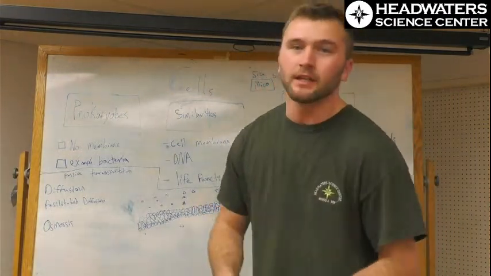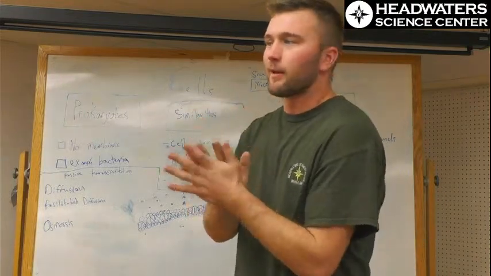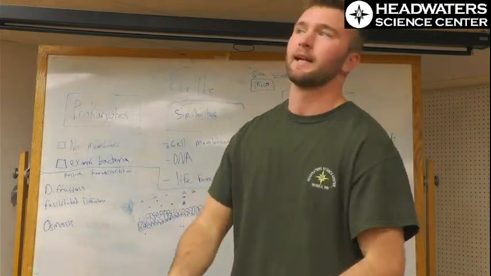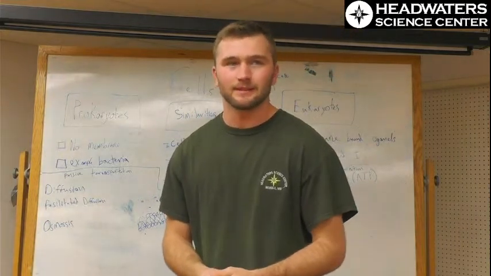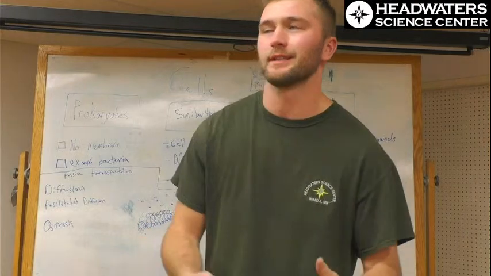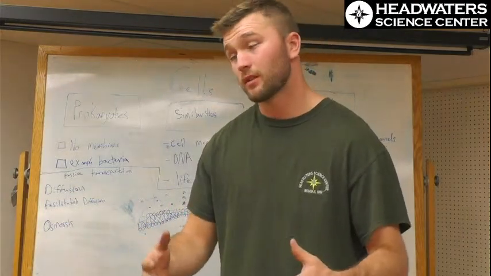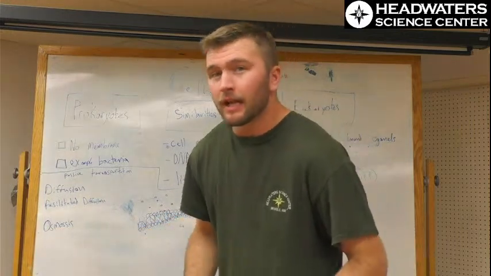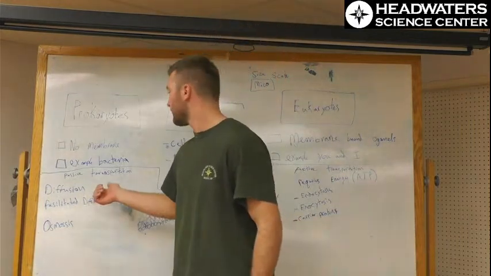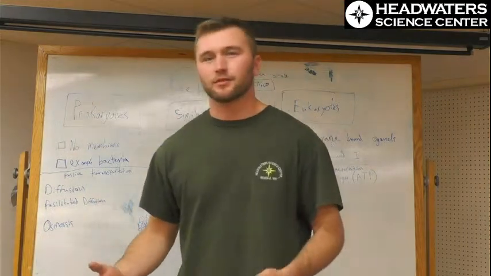We mentioned that the cell membrane is moving things in and out. But the cell membrane isn't always moving things in and out. Sometimes things can just move without using any energy. And that's where we come into what's called passive transportation.